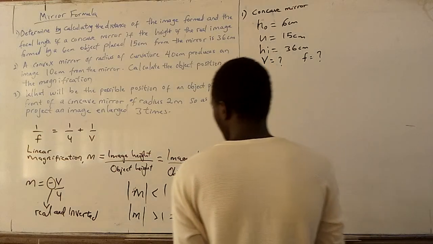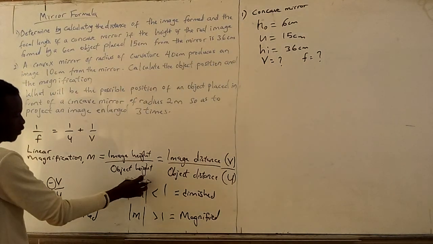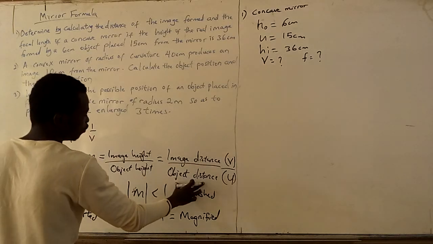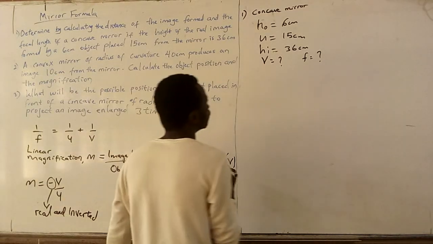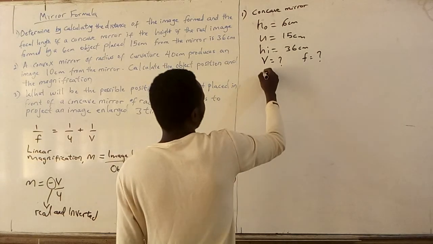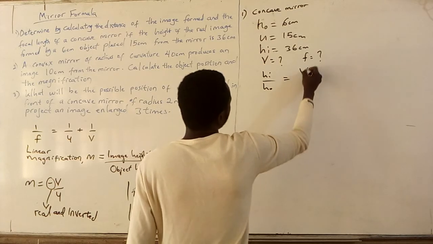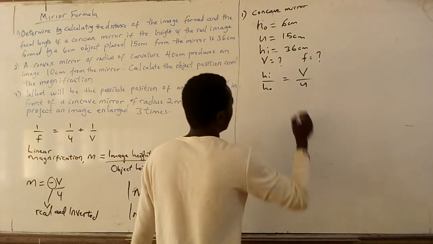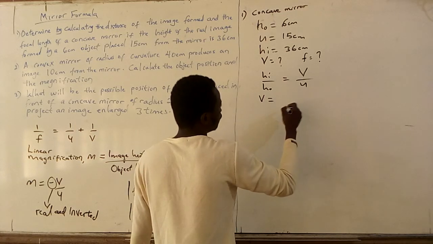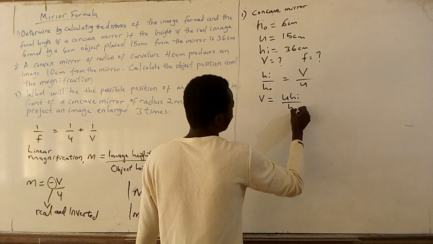From the magnification, we have that image height over object height is the same as image distance over object distance. So clearly v is equal to u times HI over HO.